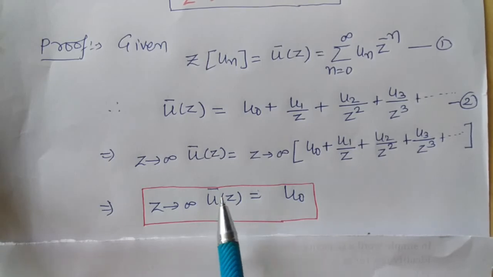Further, using the initial value theorem, we can find next initial values u1, u2, u3 and so on.